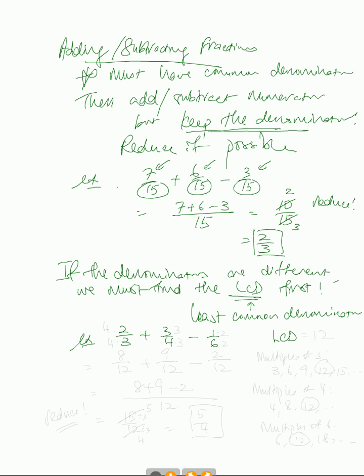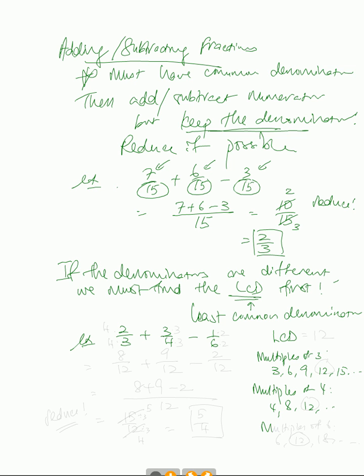One way is to prime factorize your numbers, or another way is to do division. Depending on what method you prefer, one way is to think of multiples of 3. What am I thinking of? Things like 3, 6, 9, 12, 15, and so on. What are multiples of 4? 4, 8, 12, and so on.